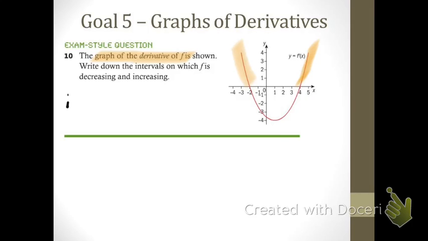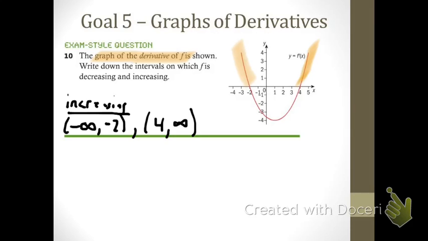So when it's asking where f of x is increasing, the first place is from negative infinity to negative 2, and the second place that it's increasing is on the interval from 4 to infinity.